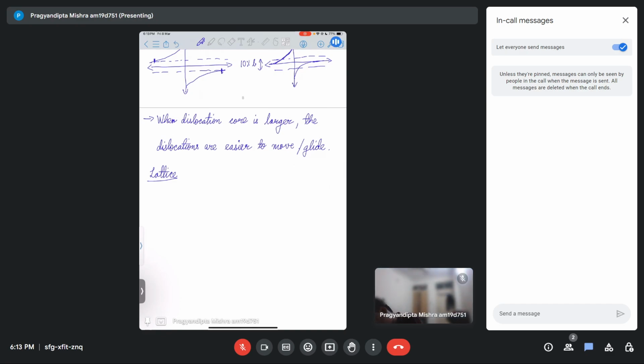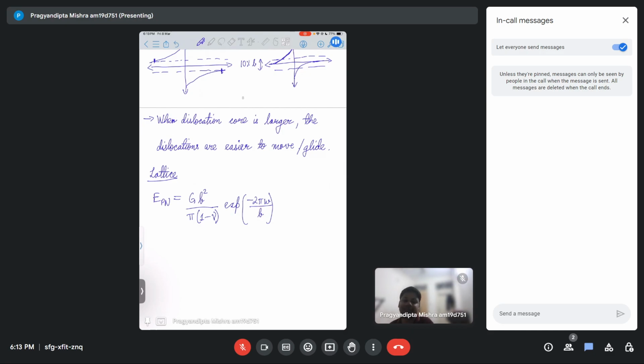Due to this, you have something known as Peierls-Nabarro energy, which is given by G b squared divided by pi times 1 minus nu, times exponential of minus 2 pi W by b.